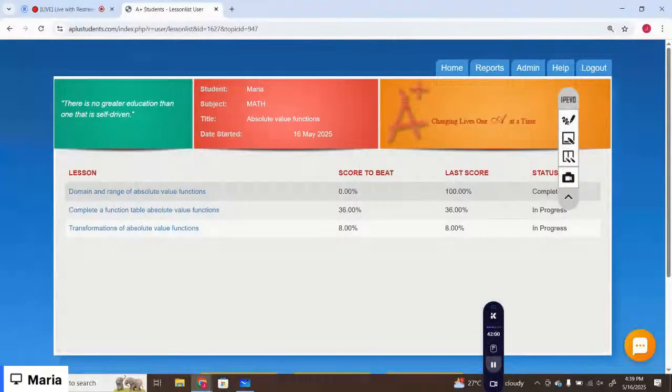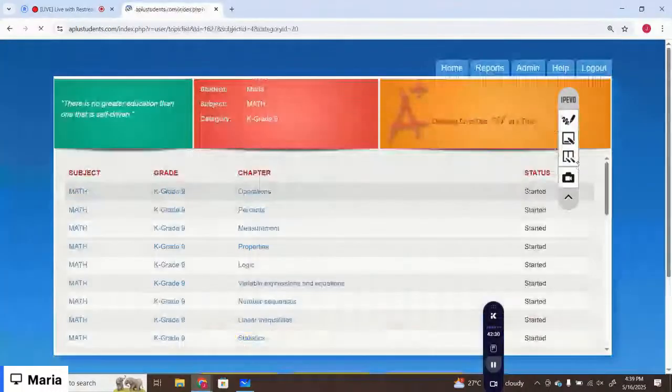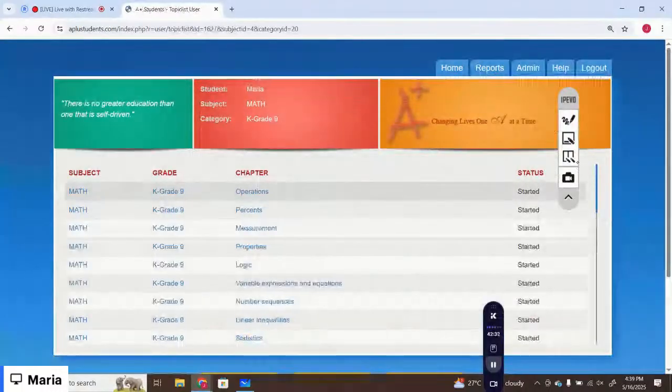The lessons we have covered today are domain and range of absolute value functions, complete a function table for absolute value functions, and transformations of absolute value functions. So please make sure before the next session you complete all the practice questions for the lessons we just did. That is your homework until next session.